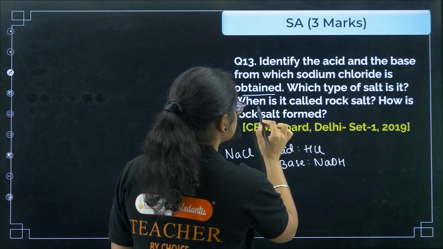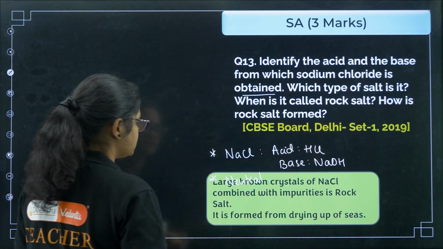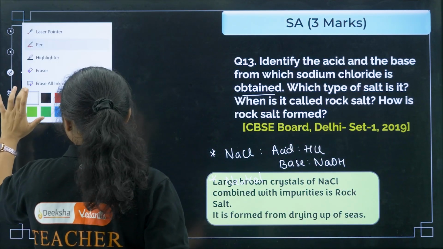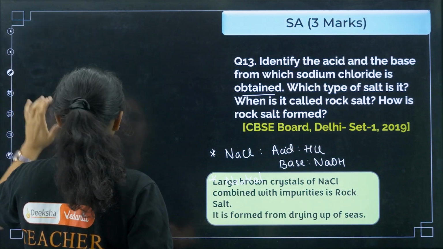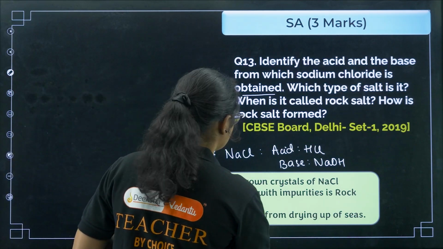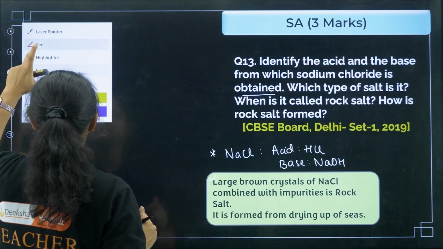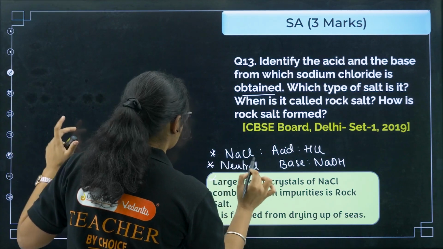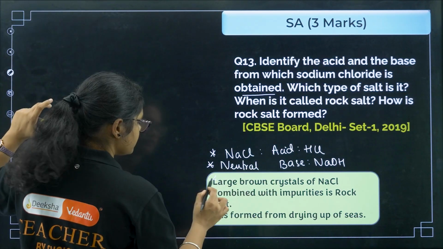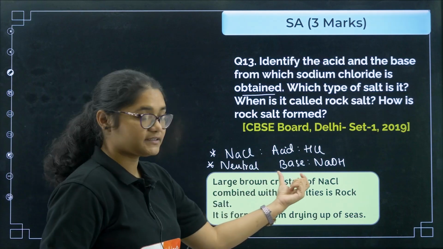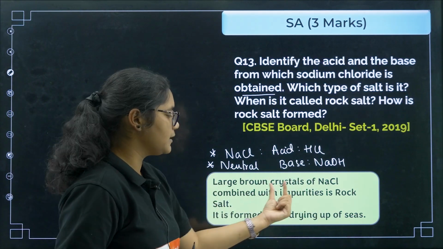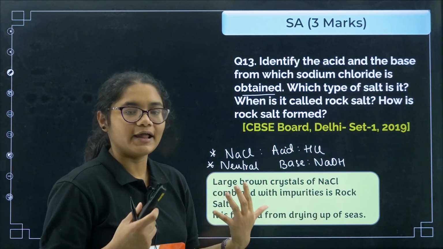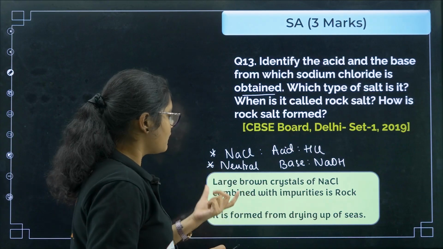Next, when is it called rock salt? Now see, large brown crystals of NaCl combined with impurities is called rock salt. Okay, now how is it obtained?